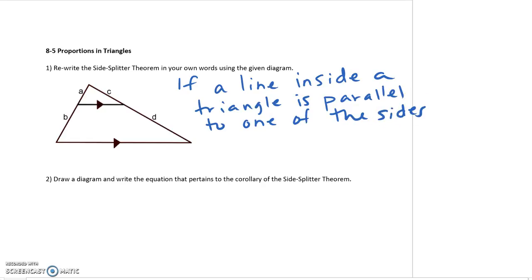So what I'm talking about here is this line right here is drawn inside the triangle and it's parallel. That's what those two markings mean. If it's parallel. It only works if they're parallel.